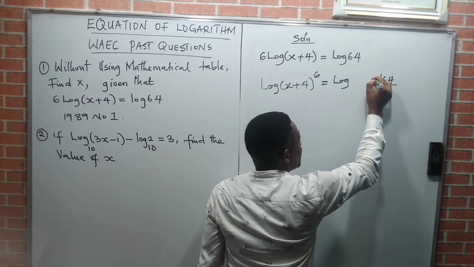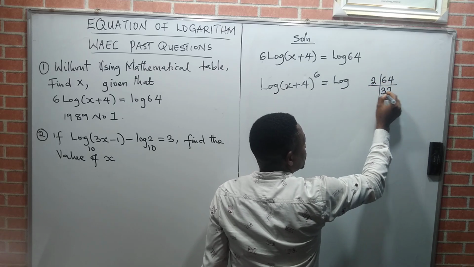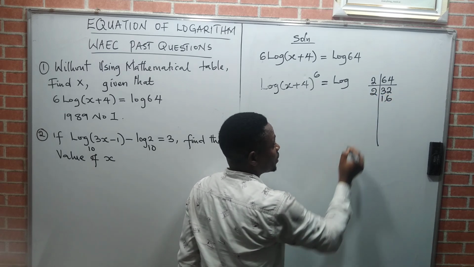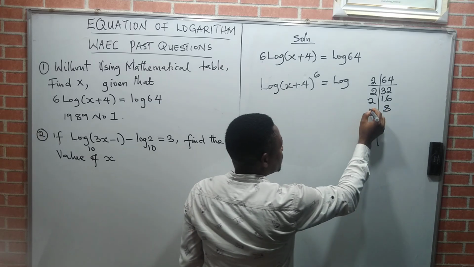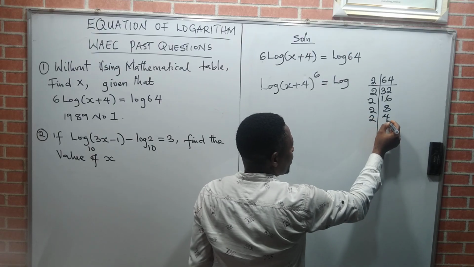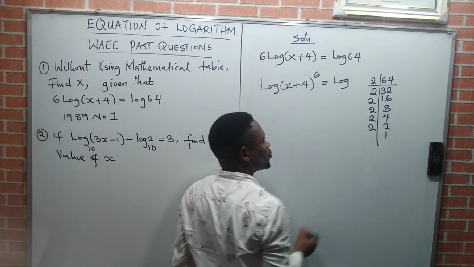Now, the smallest number that can go is 2 to give us 32. Now, 2 again, we go by 32 to give you 16. Then 2, we go by 16 to give you 8. Then 2, we go by 8 to give you 4. Then 2, we go by 4 to give you 2. And 2, we go by itself to give you 1.